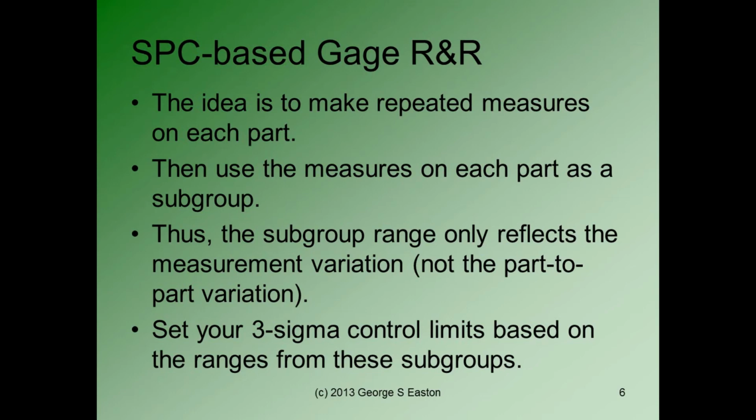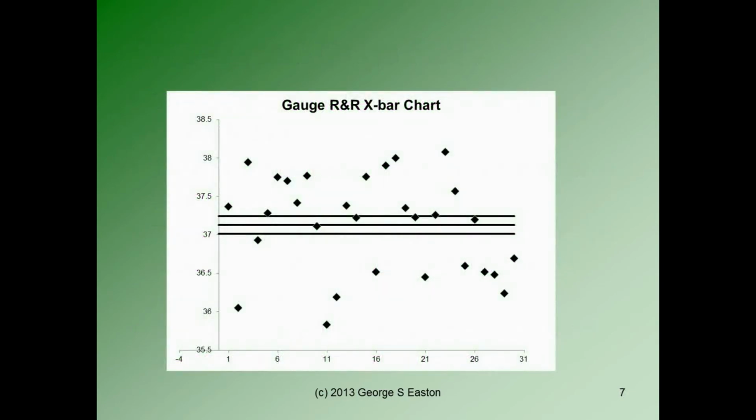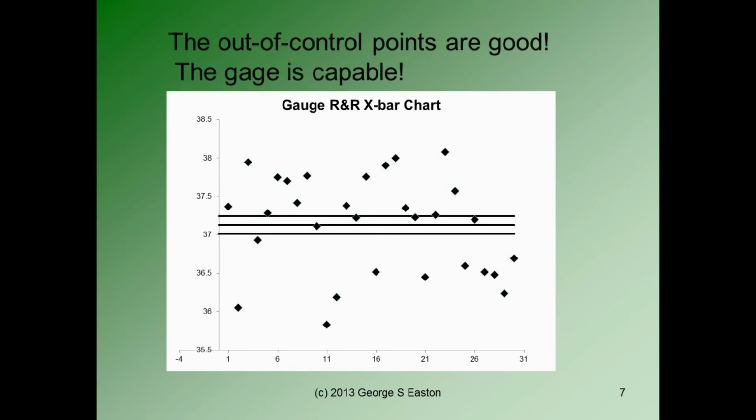So the 3 sigma control limits will be set only using the variation due to measurement error. And what I'm going to get is, hopefully, a picture that looks like the one that I've shown you, where the control limits are very tight and the vast majority of the data are outside of the control limits. This is a good thing. Out of control points are a good thing in this particular case, showing that the gauge is capable.